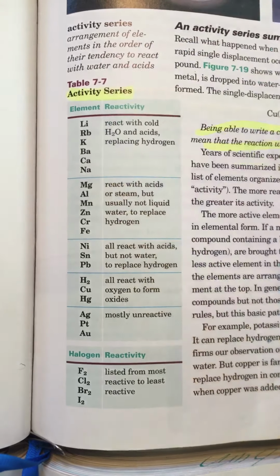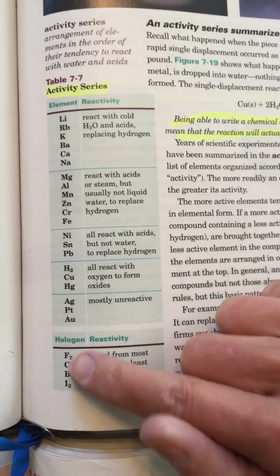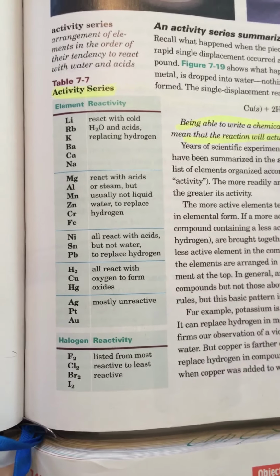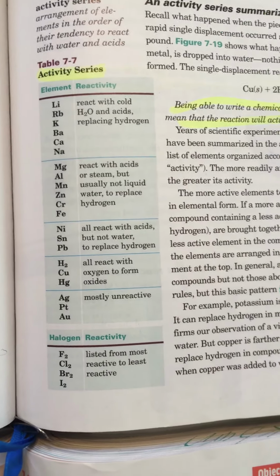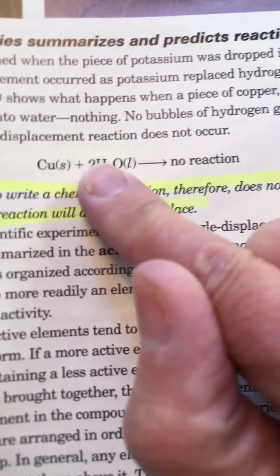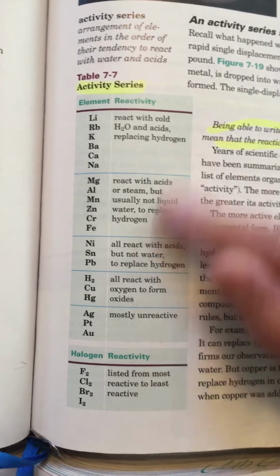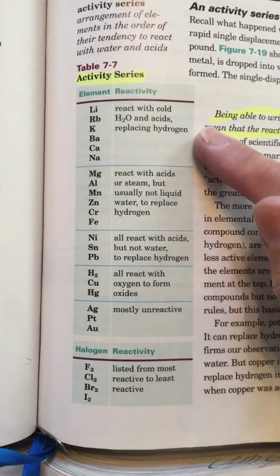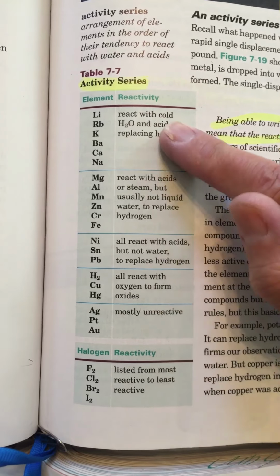It's more reactive. Also, the same thing happens with the halogens, that whether or not they can replace another one has to do with where it is on this activity series. So just because you write a reaction doesn't mean that it's going to go. And copper can't remove the hydrogen in water. The one I have at school explains that a little bit better, I think I might have it here.